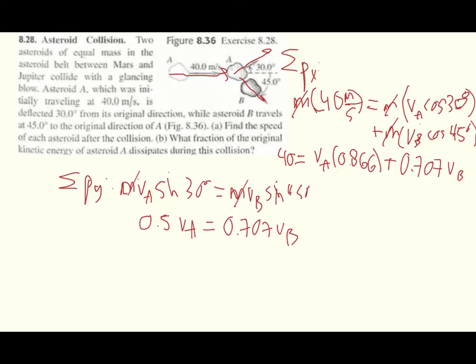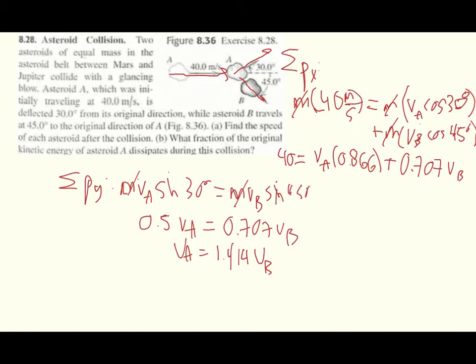We can say that VA equals 0.707 VB divided by 0.5, or 1.414 VB, and then substitute that into the other equation.